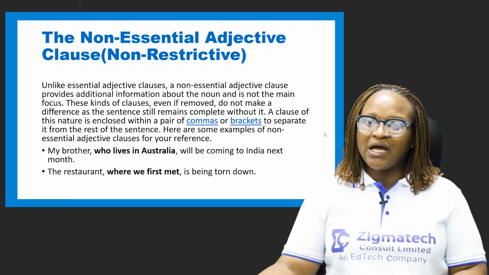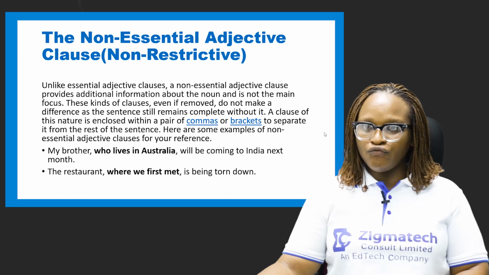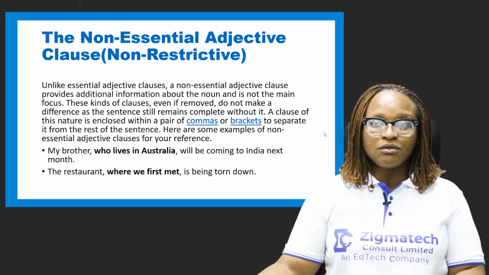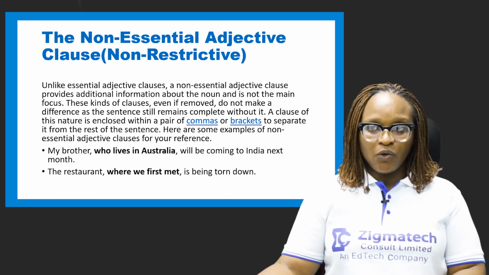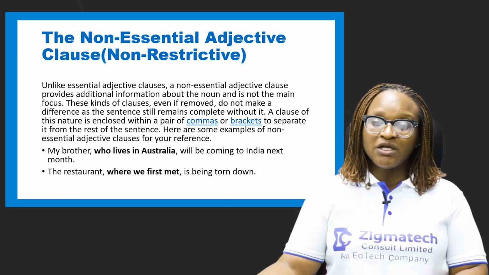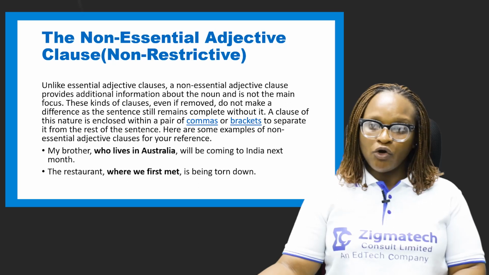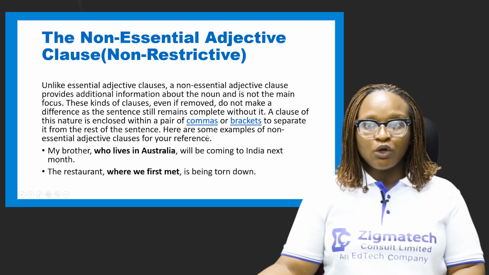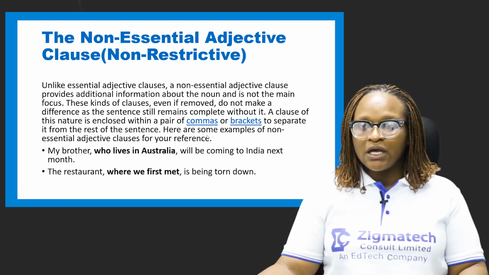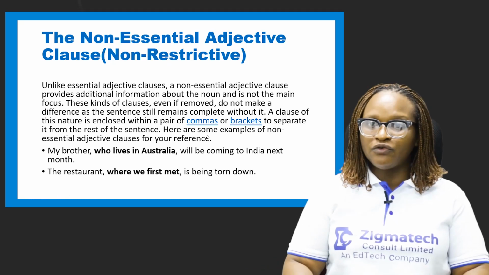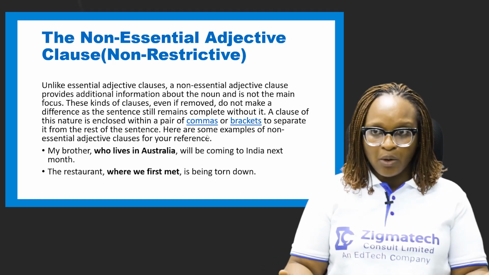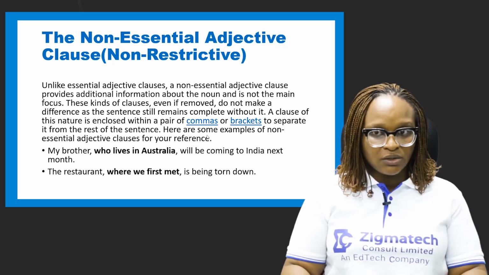Alright, the non-essential adjective clause or non-restrictive is called non-essential or non-restrictive. Now when we talk about the word non-restrictive, that means you're not being restricted. With or without, you can always function. So let's look at what we have. It says, unlike essential adjective clauses, a non-essential adjective clause provides additional information about the noun and is not the main focus.